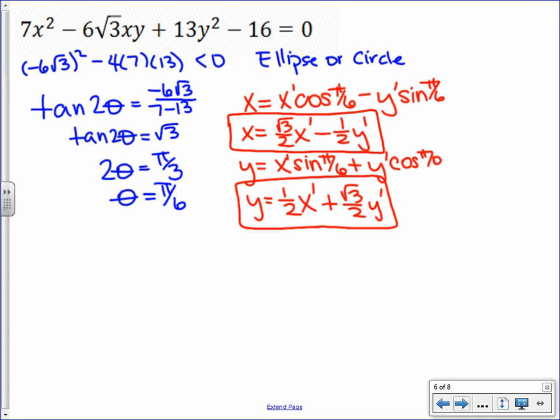So this was all just our setup. Now we actually have to make this substitution so we can eliminate the xy term. Are you ready?